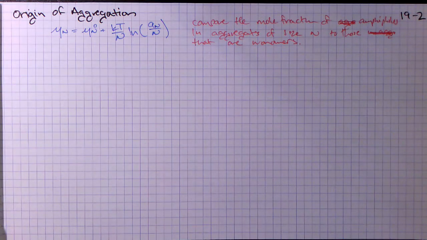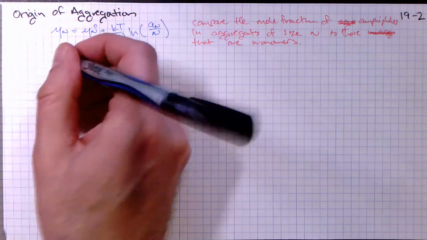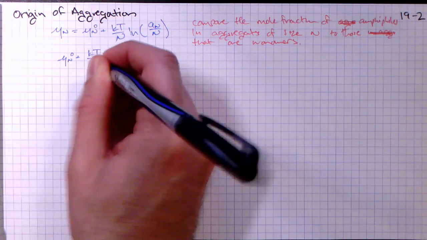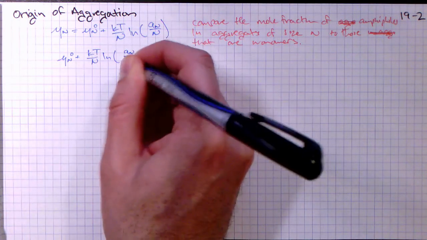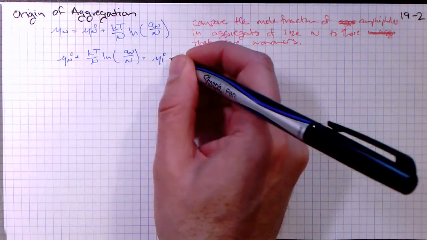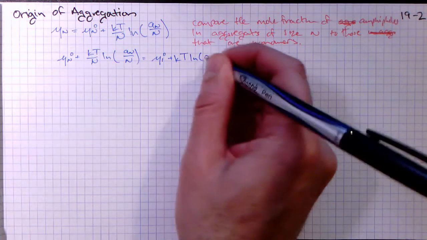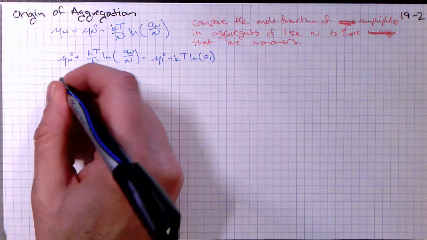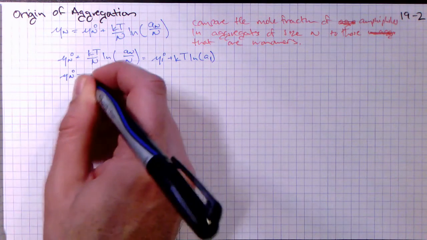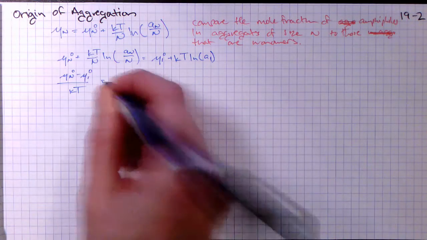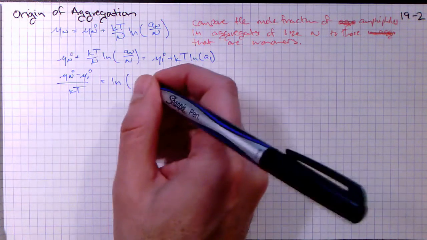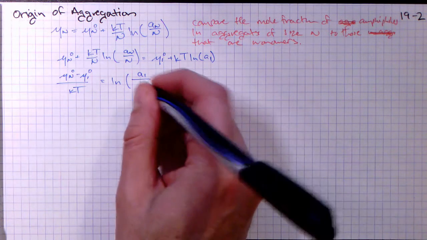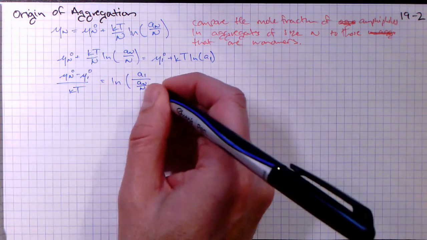Okay, so how are we going to do that? We would just say, okay, if they're in equilibrium, then mu n0 plus kT over n natural log of an over n must equal mu 10 plus kT natural log of a1, right? And so we can sweep the parts that have to do with the bonding onto one side. So we have mu n0 minus mu 10 over kT has to equal the natural log of a1 over an over n to the 1 over n.